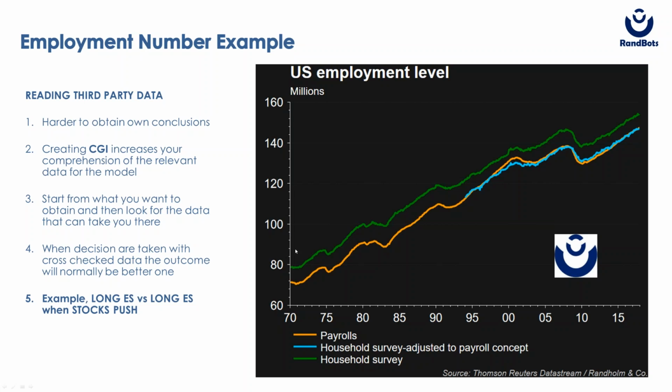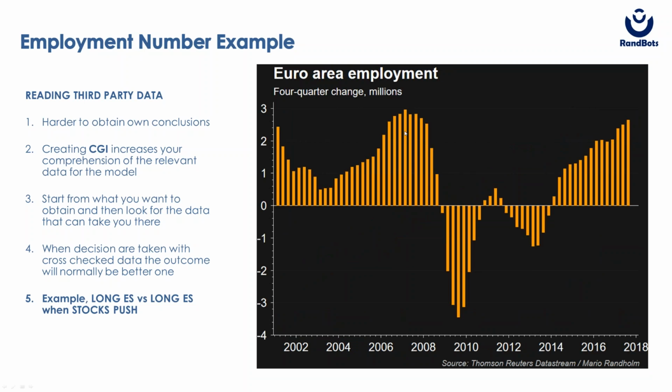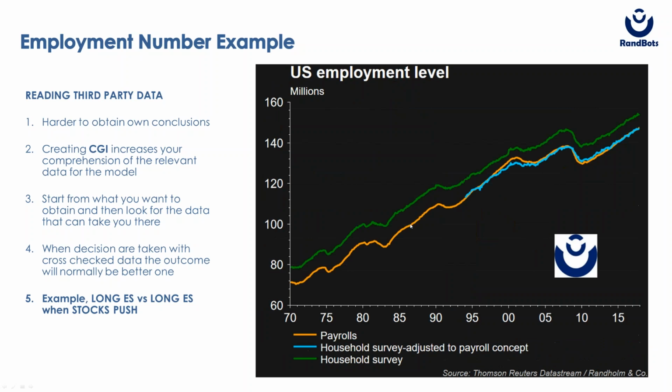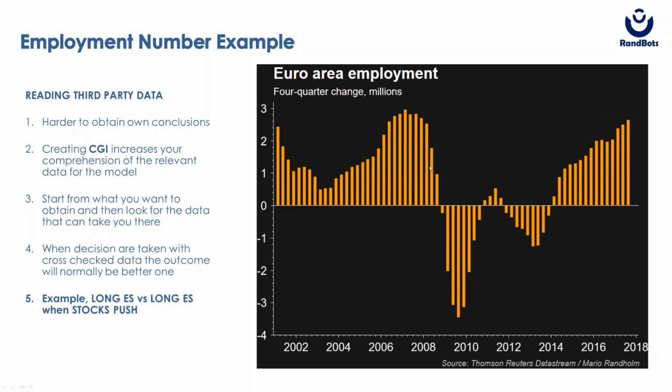So now let me show you similar data, but with a different chart, right? So this is the European unemployment rate. You can see this is the change. Instead of the entire number, like a million of people employed, like we saw here, we see here the change in millions.